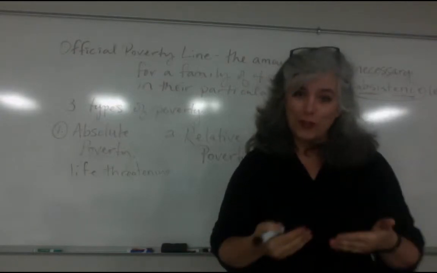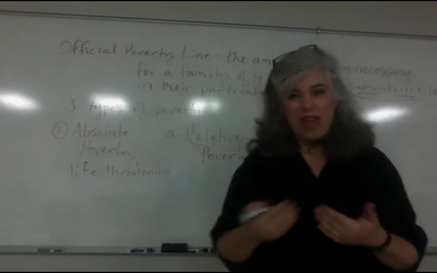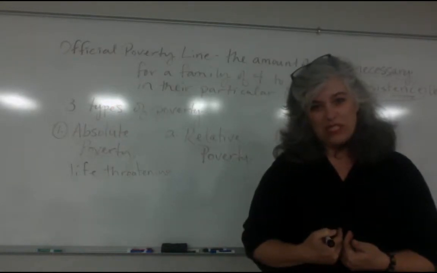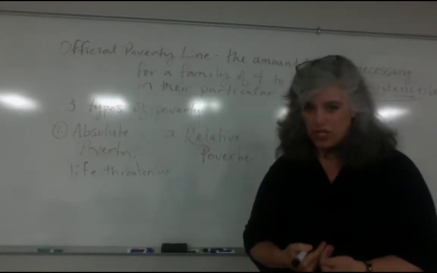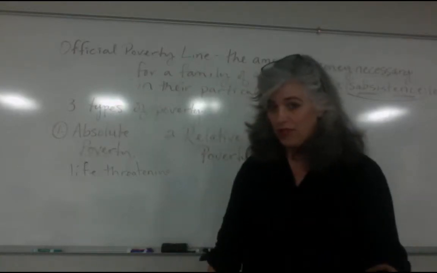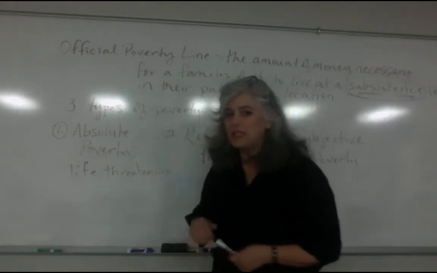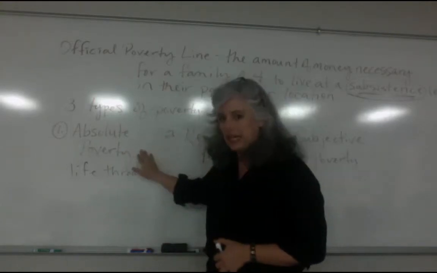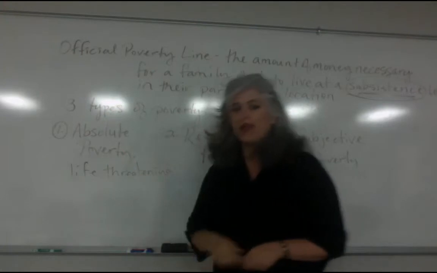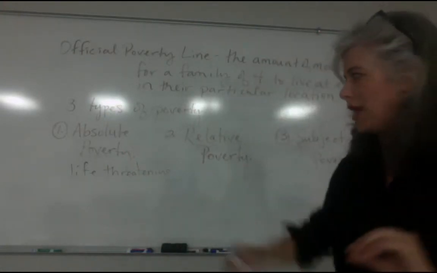But if your water supply, the one that you have access to, is the main thing making you sick, causing you dehydration that threatens your life and ultimately takes your life, then you're not able to live at a subsistence level. Absolute poverty is life-threatening because, here's a concise definition you can write down.